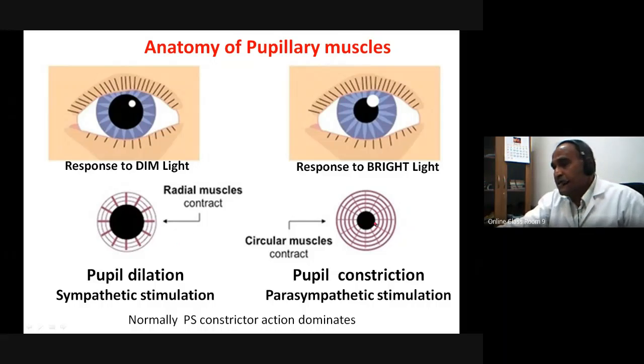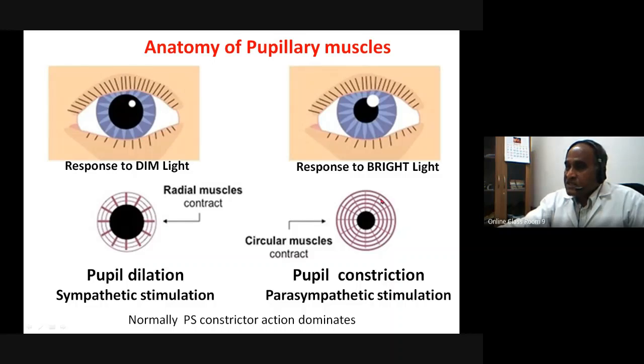And here on this side, there are circular muscles in the iris. And these circular muscles are supplied by the third cranial nerve, parasympathetic division. As compared to the radial muscles, they are supplied by the sympathetic nerve.